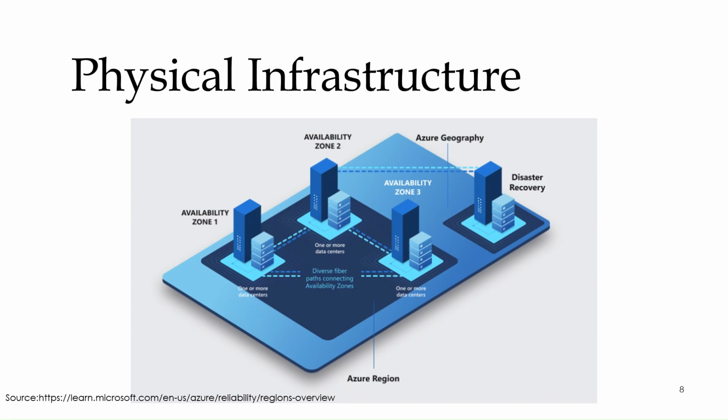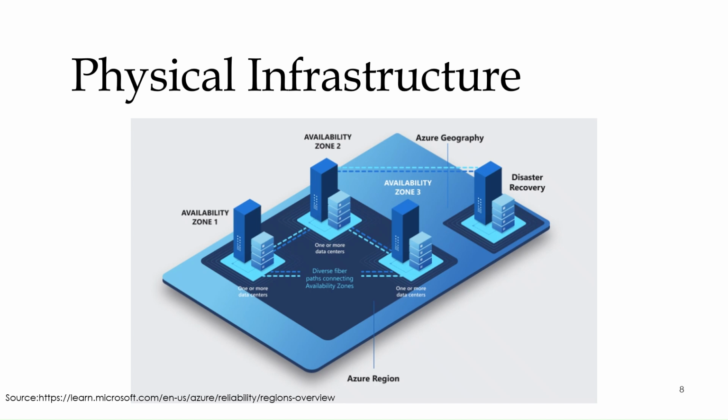There is an availability zone. Okay, so there is one geography. Under the geography there is an Azure region, and within the Azure region we have multiple availability zones, and within this region we have multiple data centers. So these, on the basis of the availability zone, data centers are placed.